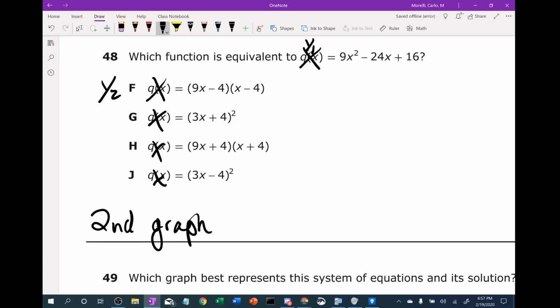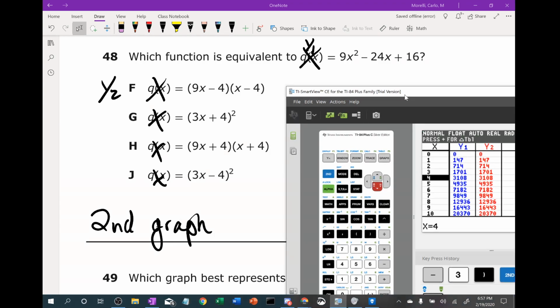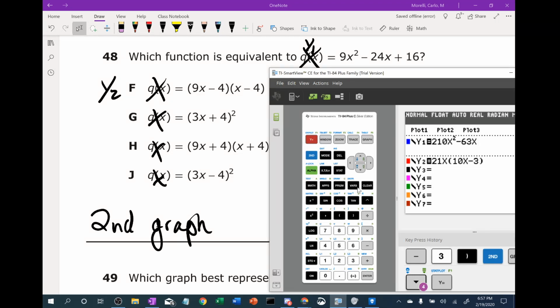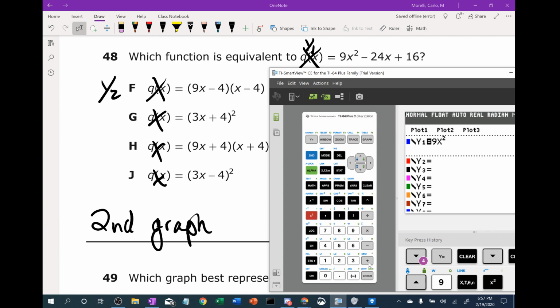Okay, so let me go here to the TI, and we're going to go to Y equals. Clear this stuff out. And in Y1, we'll put 9x squared minus 24x plus 16.